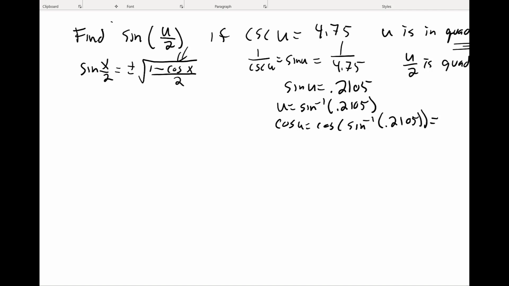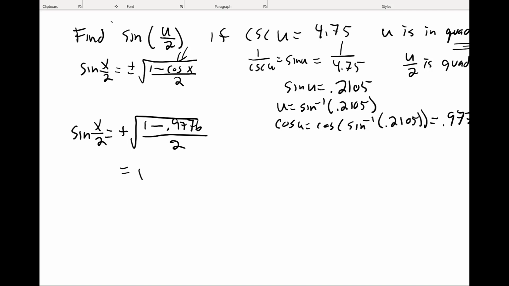I'm going to get 0.9776 if I round to 4 places. So that lets us say then sine of x over 2 is going to be the positive square root, positive because it's first quadrant, of 1 minus the cosine of that angle, 0.9776, all over 2.